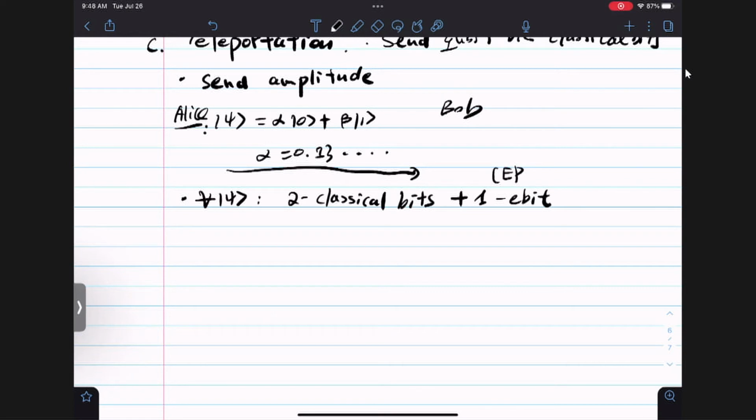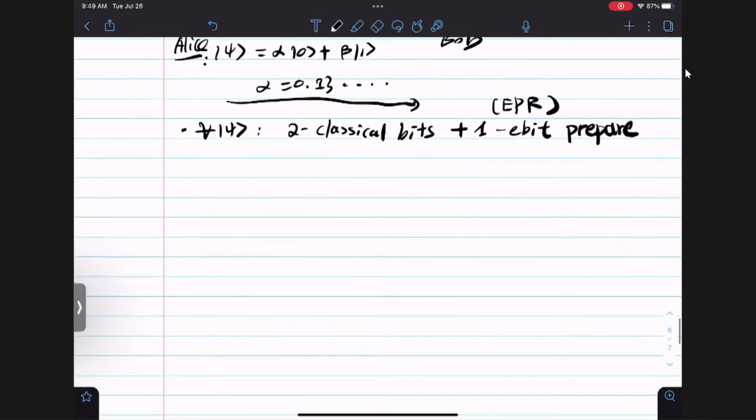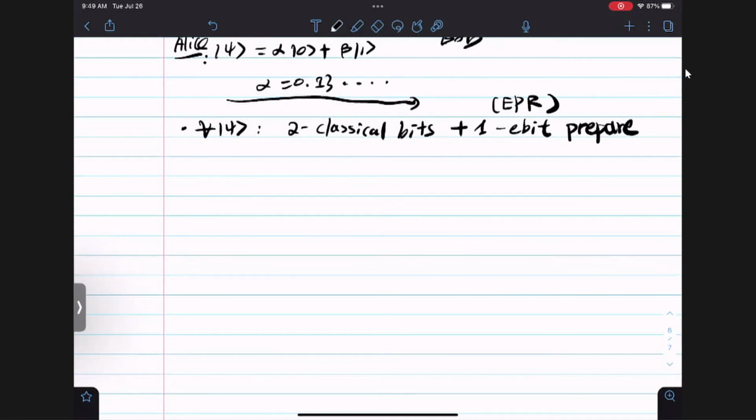I call it an e-bit, an entangled bit. So if they pre-share an EPR pair, then Alice just needs to send two classical bits, and then Bob can recover arbitrary psi.